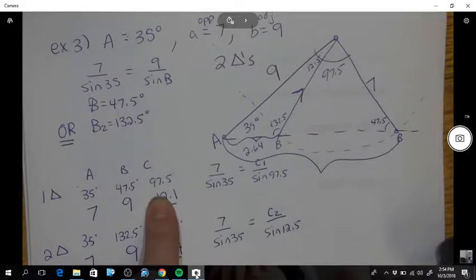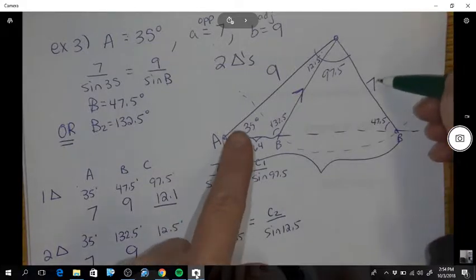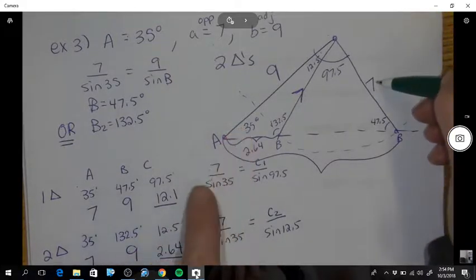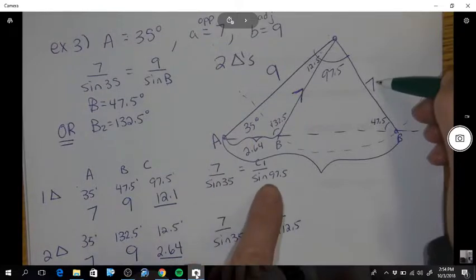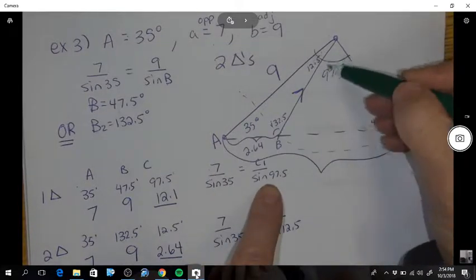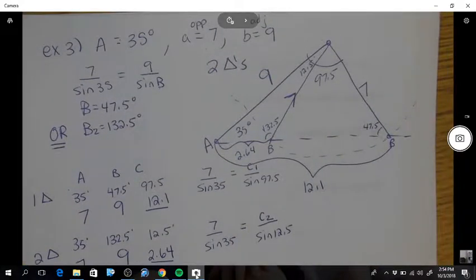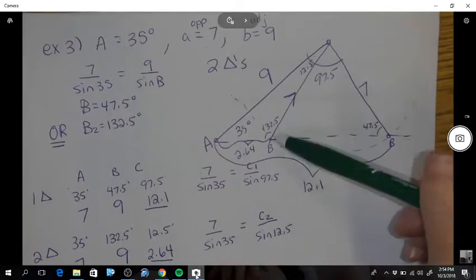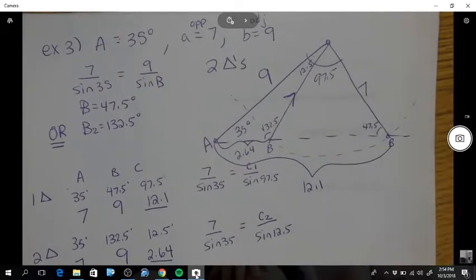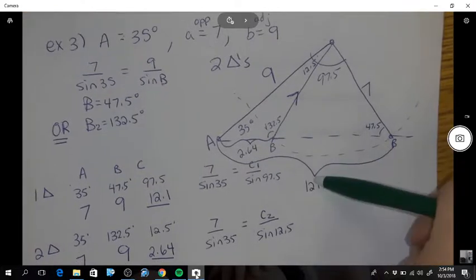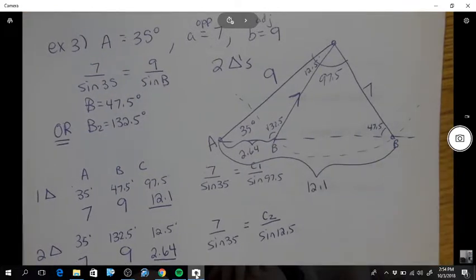When we solved, we matched up 7 across from sine 35, and the length of C across from 97.5, and that was that. So that's the ambiguous triangle. Two different options: an acute one and an obtuse one. Follow out your diagram and solve for the two different possibilities for your third side.